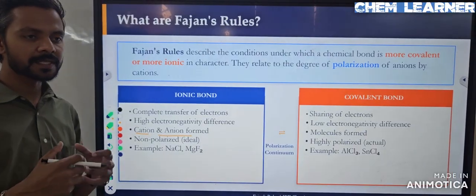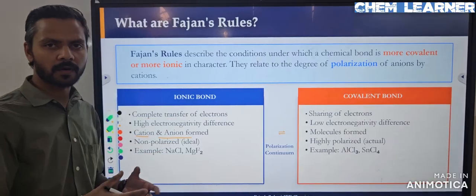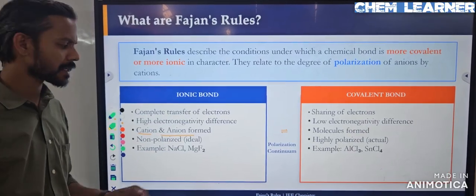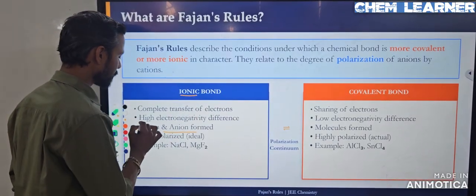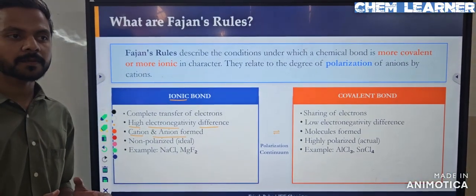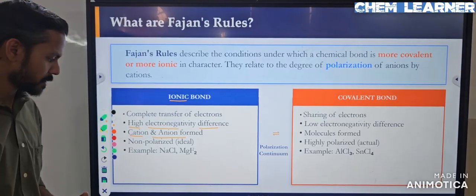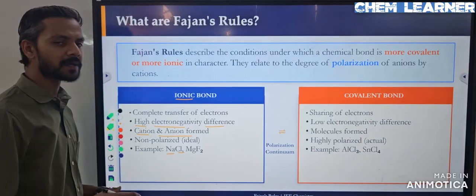The atom which is giving electrons is termed the cation, and the atom or molecule which is accepting the electrons is termed the anion. In order to form an ionic bond, there will be a high electronegativity difference. What do we mean by a high electronegativity difference? If we see the example of Na and Cl, the compound is NaCl.